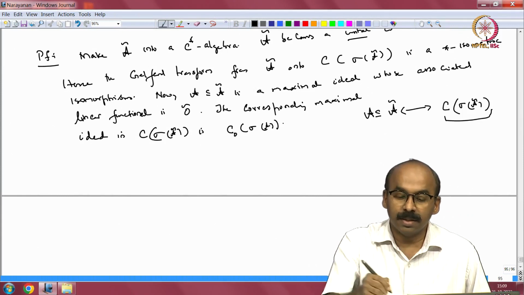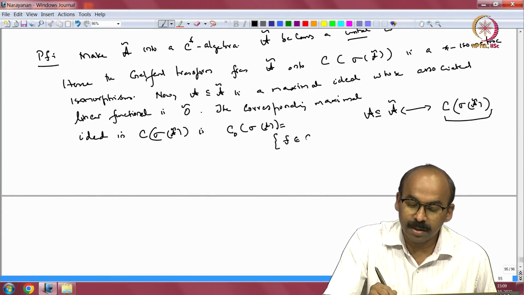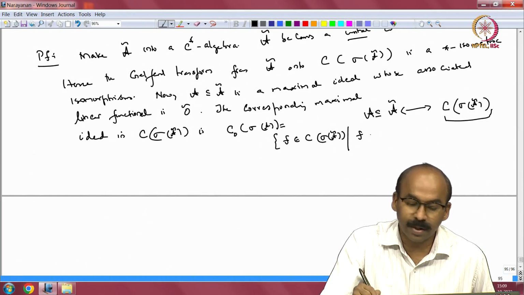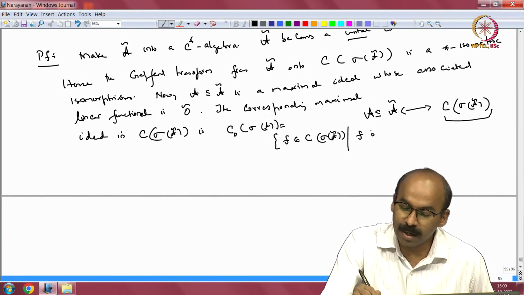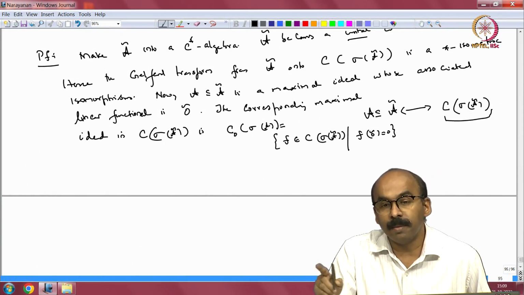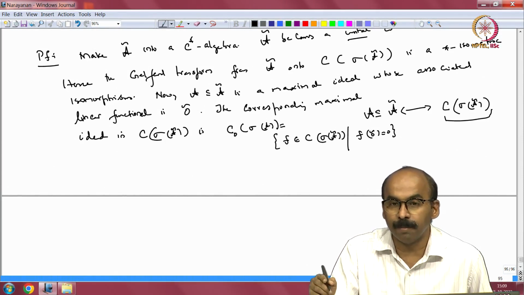So, this is the same as all those functions in C of sigma A tilde, which is compact, but at infinity it is 0, right. So, I should write f at 0 tilde equal to 0; 0 tilde is the point at infinity for sigma A. Remember the maximal ideals in the compact case: when X is compact T2, you take a point and look at all those functions vanishing at that point, right.